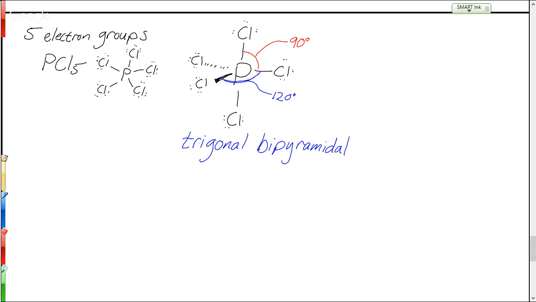So what happens then if we have a structure like this, which has 5 electron groups, 1, 2, 3, 4, 5. And 1 is the lone pair. We have a choice to make here.